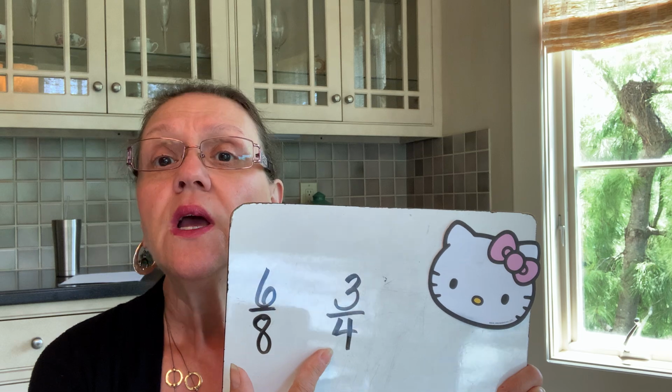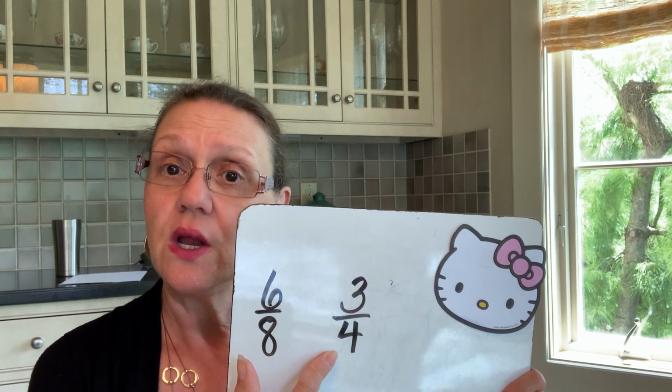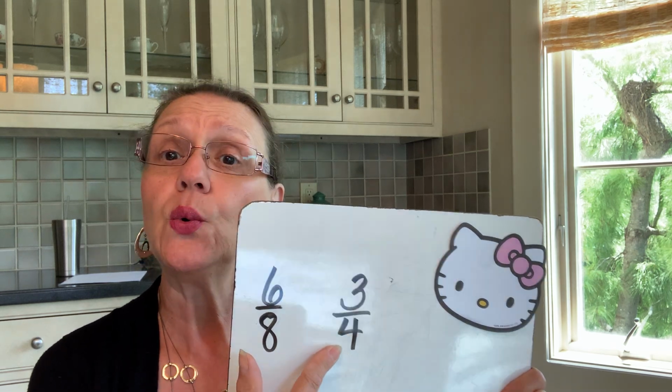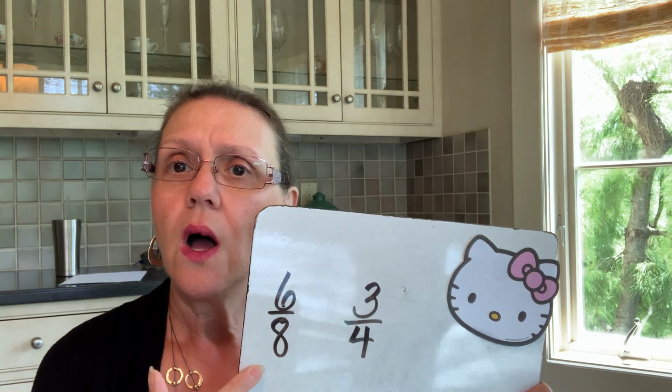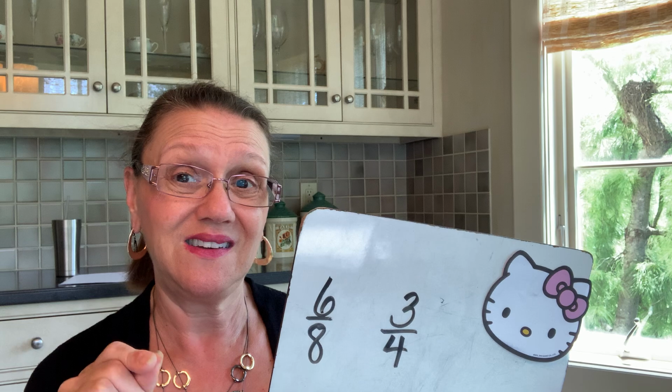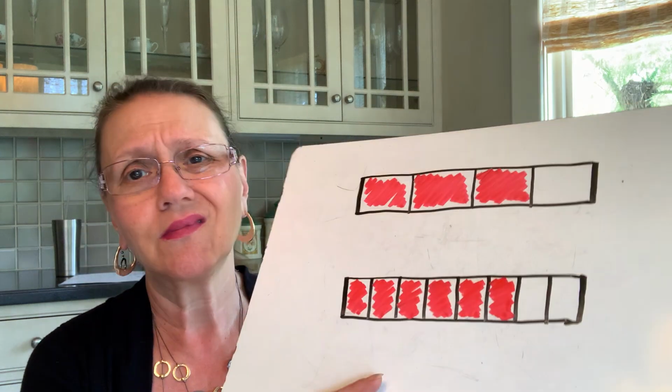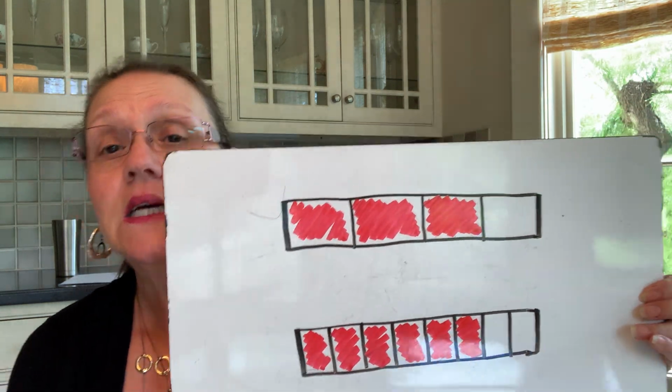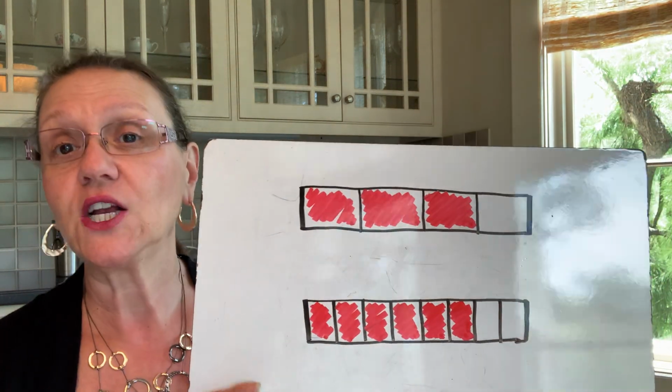This fraction is called an equivalent fraction because it is equal to this fraction. Well, how can that be? The numbers are all different. They are. But if you were to draw a picture, which I did, because I'm an artist, here I have drawn my 2 fractions.